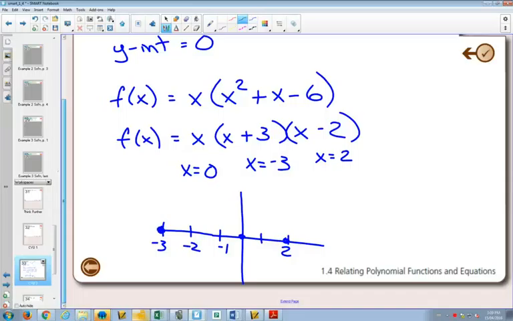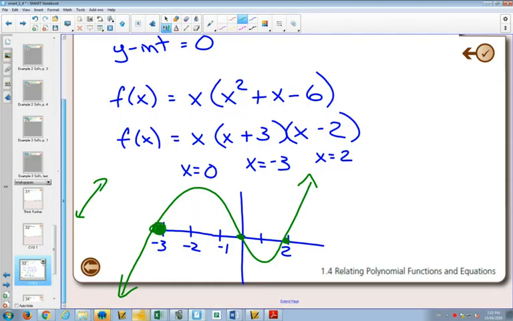Do them in a different color: -3, 0, and 2. We know that it acts like a line like this, so it means it has to start down here. It's going to go through that point, and through that point, and there we have our sketch. Just make sure that you draw it carefully enough to go through each of the points.